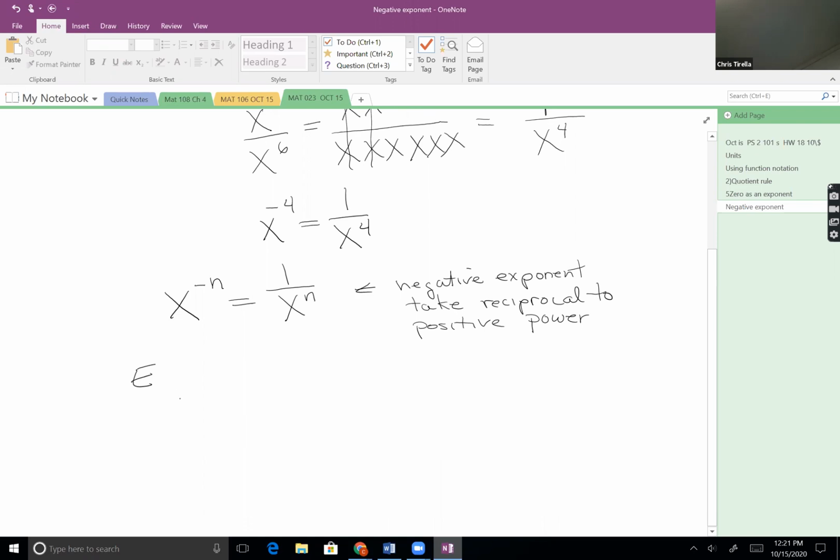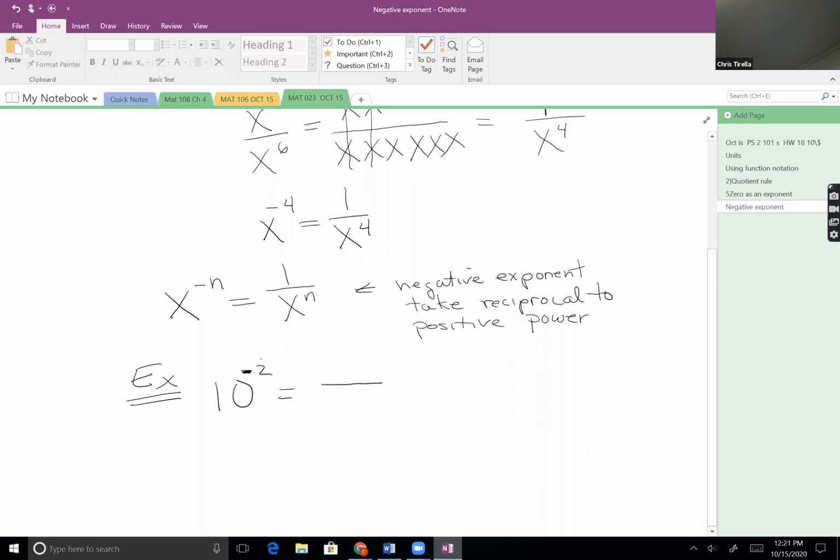And so, for example, if I have 10 to the -2nd, I look at that negative exponent, and that negative exponent doesn't really have anything to do with the sign of my answer, but it has everything to do with the form of my answer. When I see a negative exponent, I think my answer is going to be a fraction.